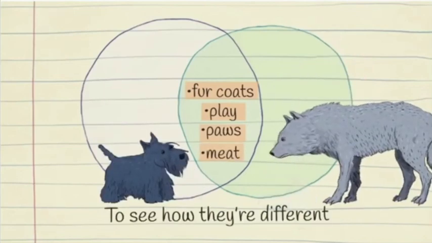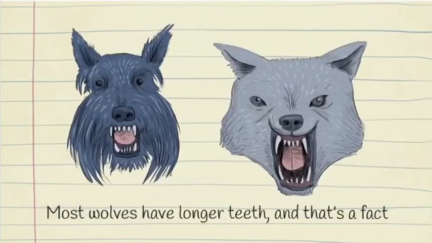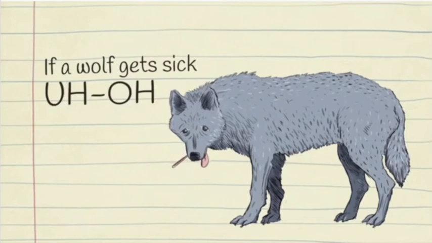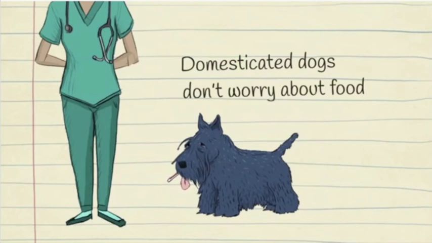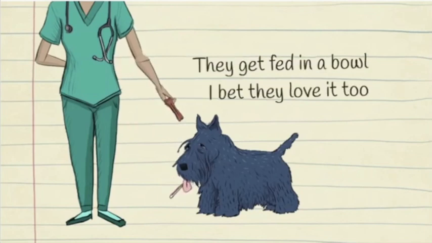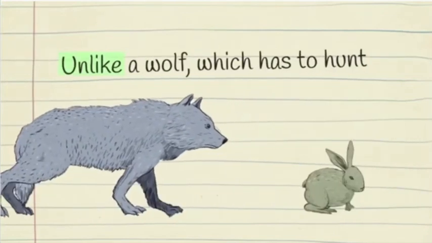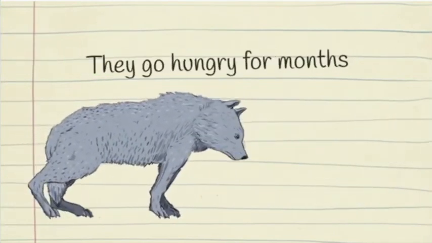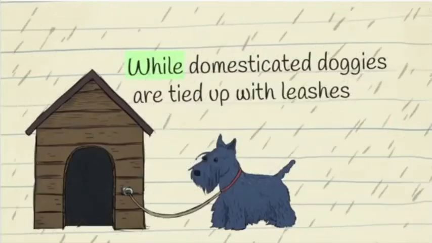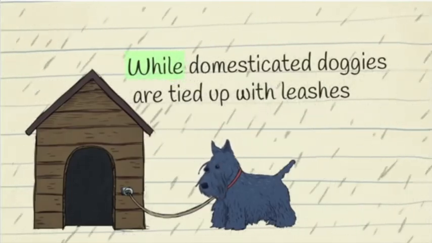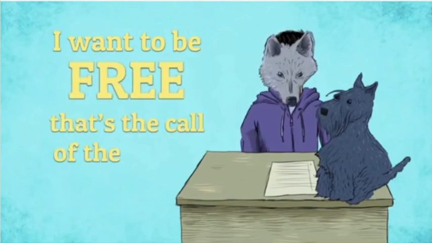Can you tell? To see how they're different, let's contrast. Most wolves have longer teeth, and that's a fact. If a wolf gets sick, there's no medicine. In contrast, let's go to the vet. They let them in. Domesticated dogs don't worry about food. They get fed in the bowl. I bet they love it too. Unlike a wolf, which has to hunt, and if it can't find much food, they go hungry for months. A wolf can run free, do anything it pleases, while domesticated doggies are tied up with leashes. So while I might like to be a pet dog for a while, I want to be free. That's the call of a while.